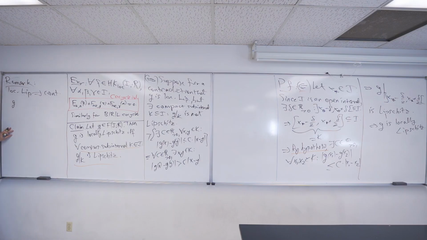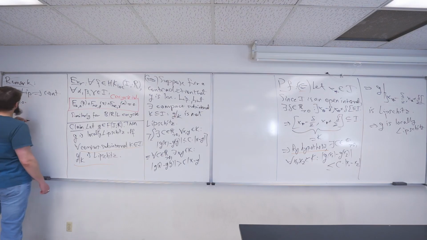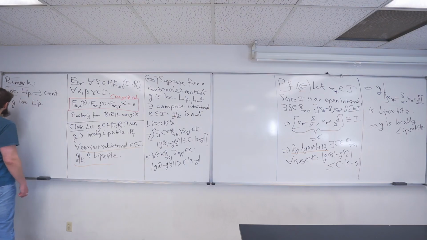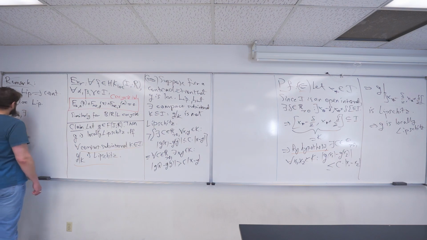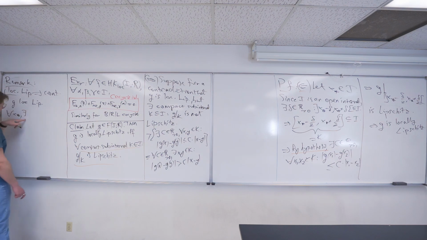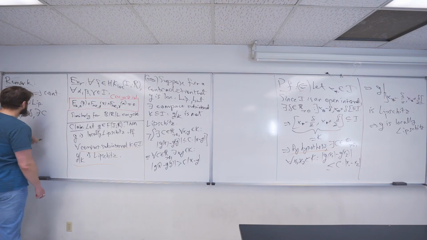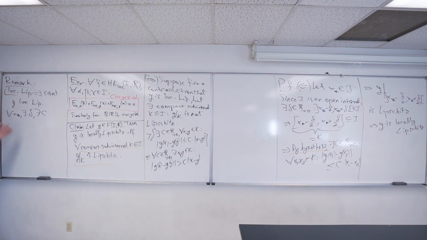Well, in order for G to be locally Lipschitz, it has to be the case that for any x star, there's a delta and there's a constant c such that for any two points delta close to x star, the distance between their outputs under G is upper bounded by c times the distance between them.